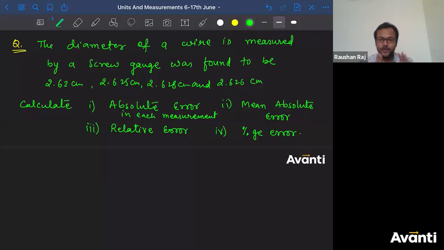When true value is not given, first of all, this should come to your mind. That sir, you have told that none of the measurement device that we come across is having zero error. That means they will always have some kind of error. Sir, how do we know that this is the true value of the measurement that we are doing?